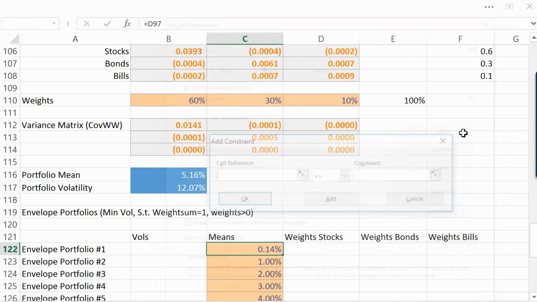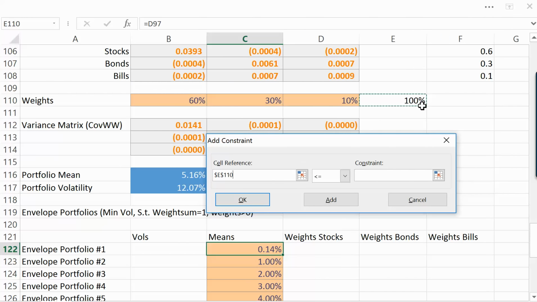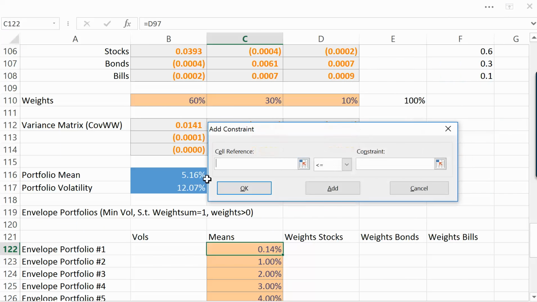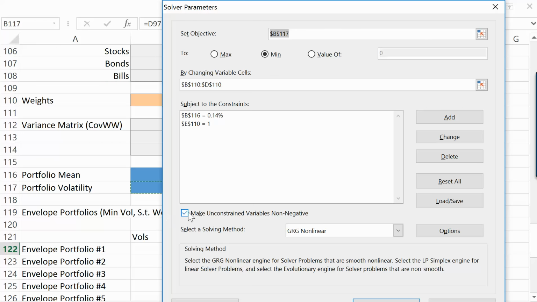I'm going to add a constraint that 100% of my money is invested. Make sure that's a formula. So that equals 1. And add a constraint that this value here, this is our first portfolio, is equal to 0.14%. I'll make sure this box is checked because we want to make sure the weights are all positive. We're not selling these assets.